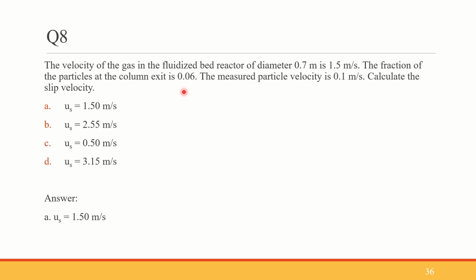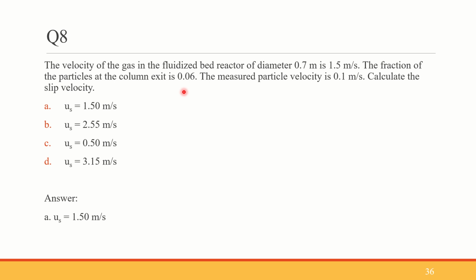The gas velocity we calculate as the gas velocity UG divided by 1 minus epsilon SE, that is 0.06, which gives 1.5 divided by 0.94. So we will get the value as 1.50 meter per second. So it's a very simple, straightforward problem again.